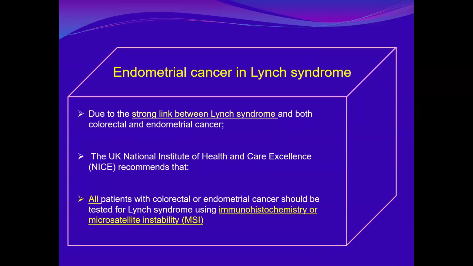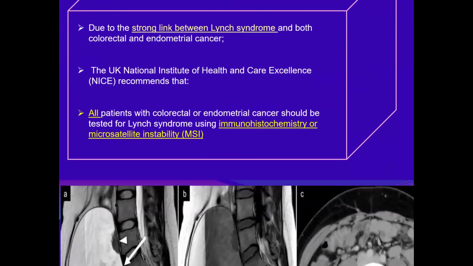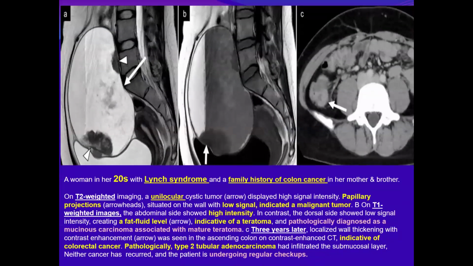So, endometrial cancer in Lynch syndrome: due to the strong link between Lynch syndrome and endometrial cancer, along with colorectal cancer, the UK National Institute for Health and Care Excellence recommends that all patients with colorectal or endometrial cancer should be tested for Lynch syndrome using immunohistochemistry or microsatellite instability.